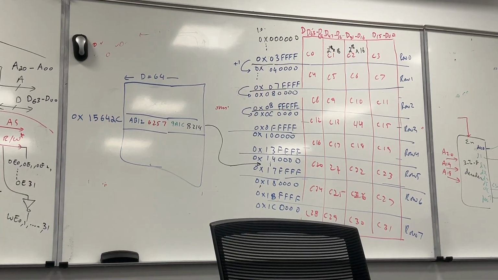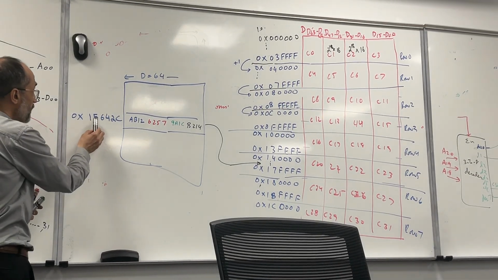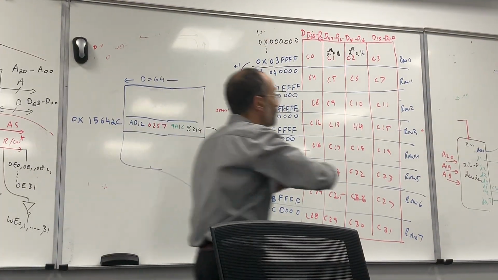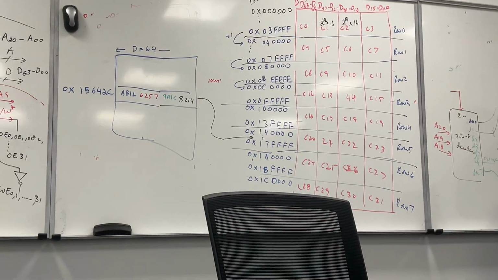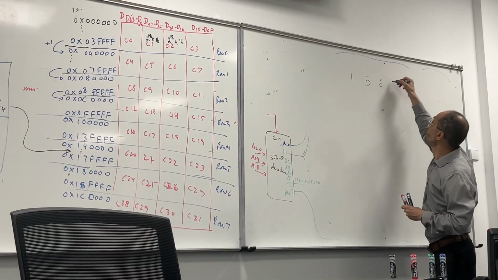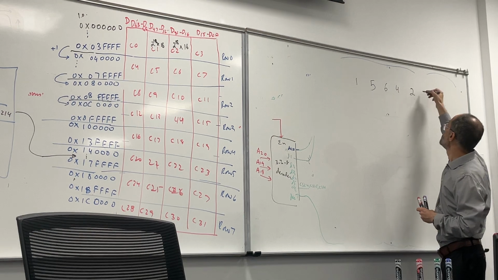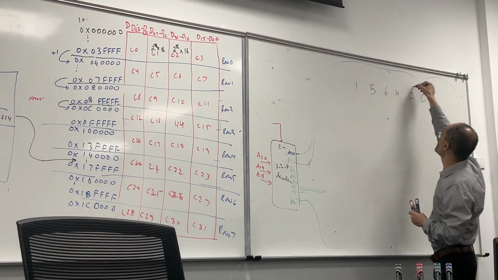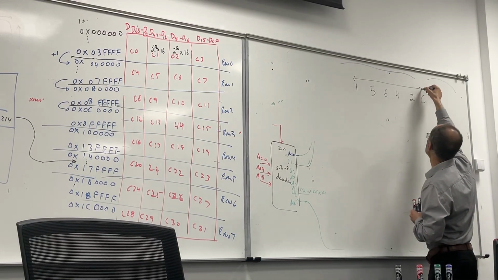Now let's assume the microprocessor generates this address, 15642C. Now we convert this address. Please remember, how many bits does this address have? This address is 21 bits.